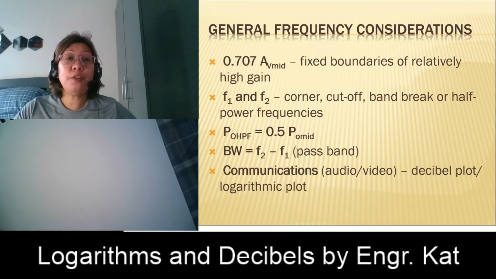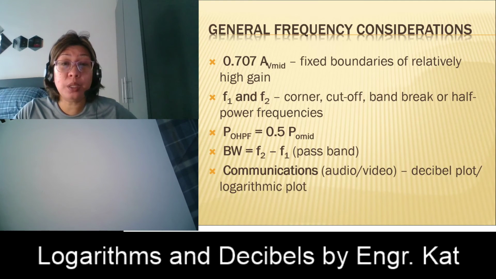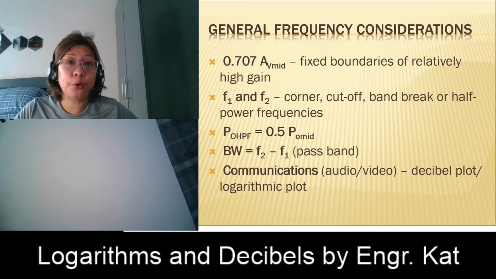Okay, so 0.707 of your AV mid, so these are fixed boundaries of relatively high gain. F1 and F2 are also called corner, cutoff, band, break, or half power frequencies.